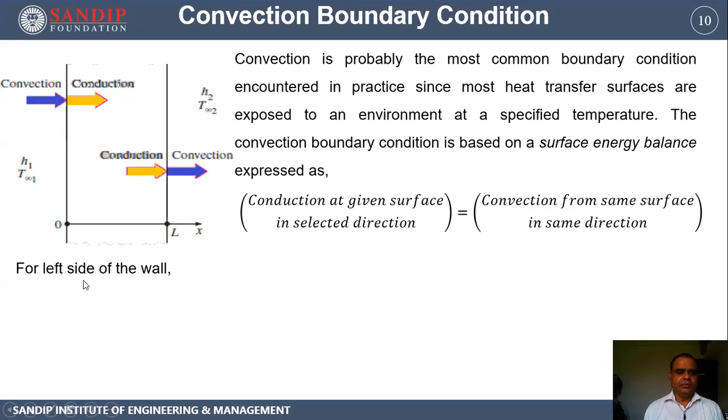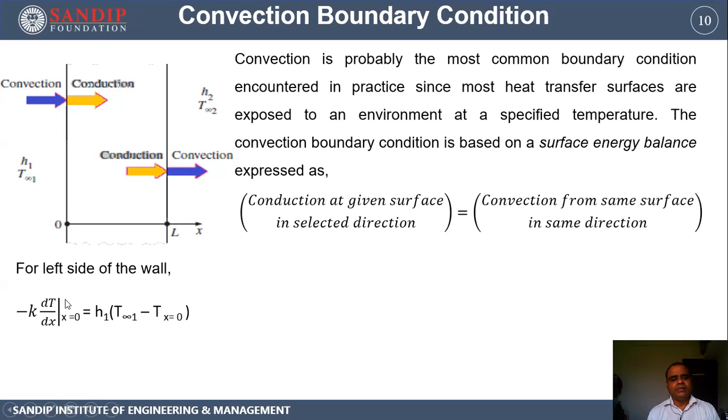The conduction flux can be written by Fourier's law of conduction, that is minus k dT upon dx at x equal to 0, and that is equal to convection from the surface in the same direction, that is h into T infinity 1. The temperature of the fluid on this side is say T infinity 1, and the heat transfer coefficient on this side is say h1. So h1 into T infinity 1 minus the temperature of the surface at x equal to 0.